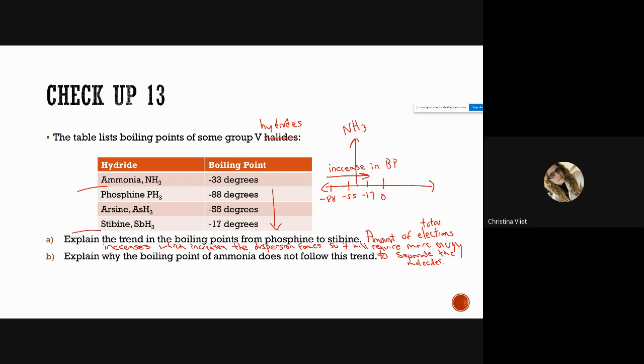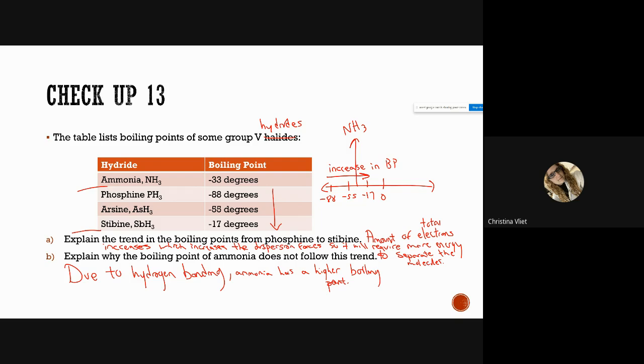And so, due to hydrogen bonding, ammonia has a higher boiling point. And we can leave it at that. Due to hydrogen bonding.